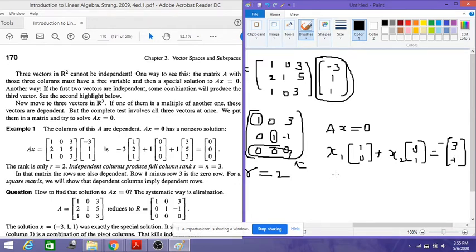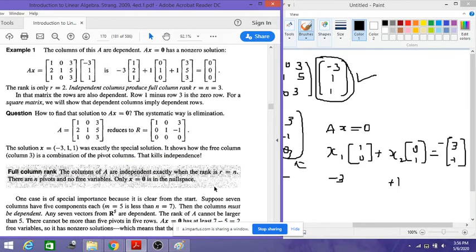The x1 value needs to be 3 here, and this value has to be minus 1. So it is minus 3 and plus 1. Now we got the values of this. And what about x3? x3 has to be 1, then only we can take it to the right-hand side.